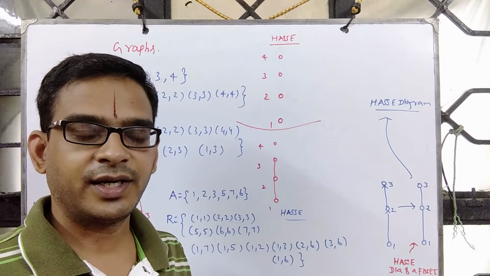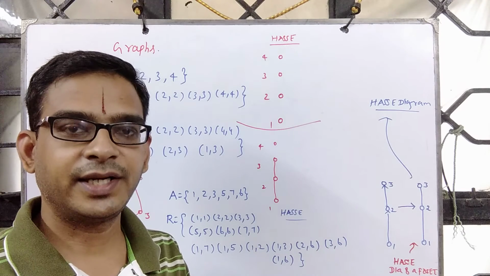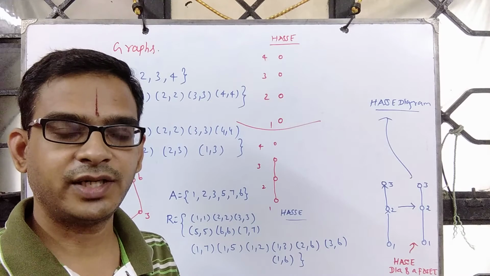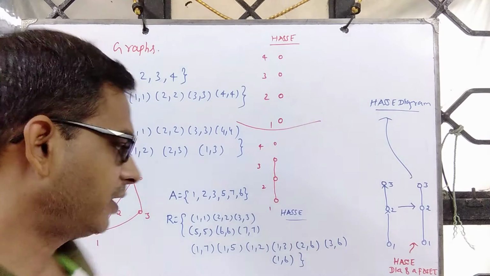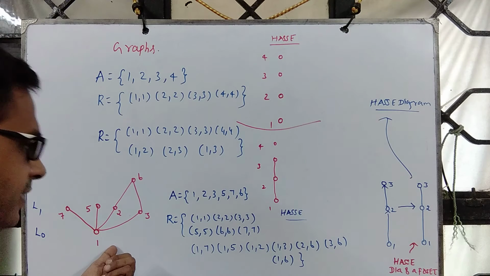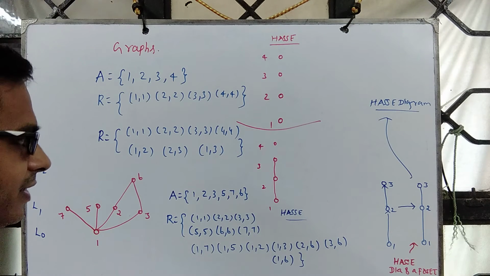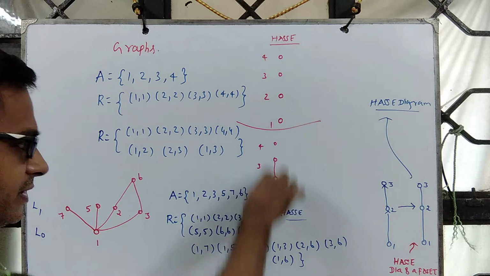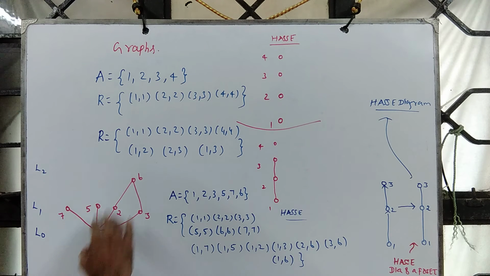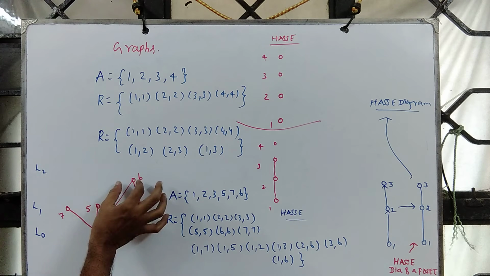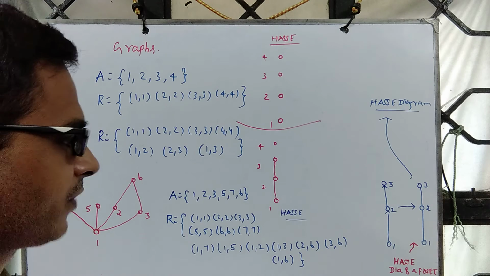It is not the case that it is always a chain. Instead, a linear arrangement of vertices is possible. You have a set of vertices here, a set of vertices here, a set of vertices here, and so on.